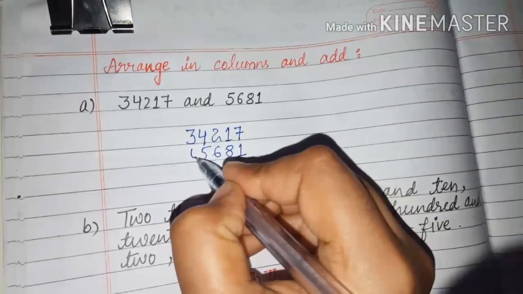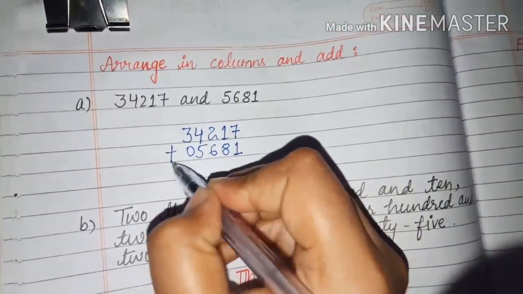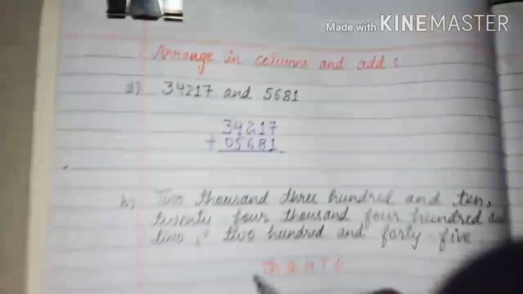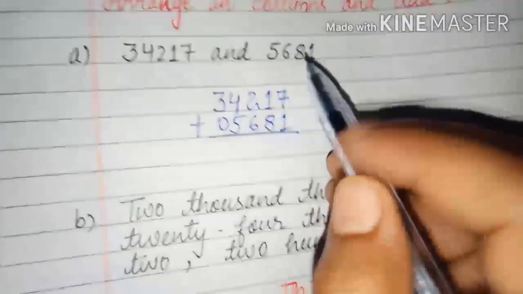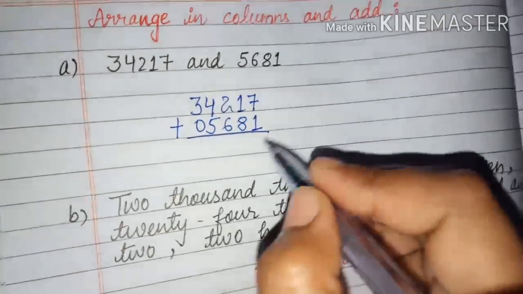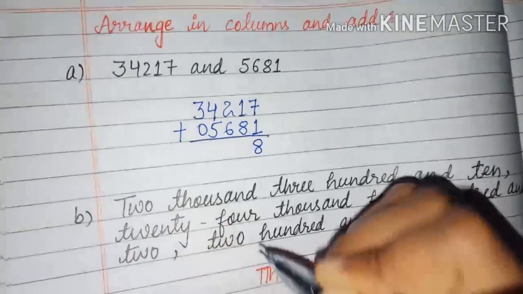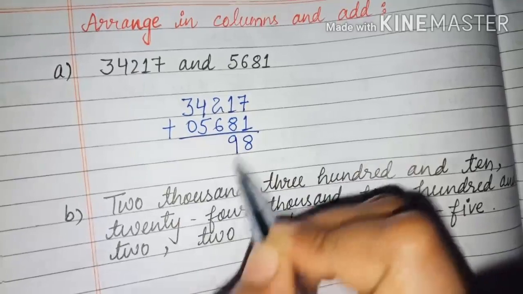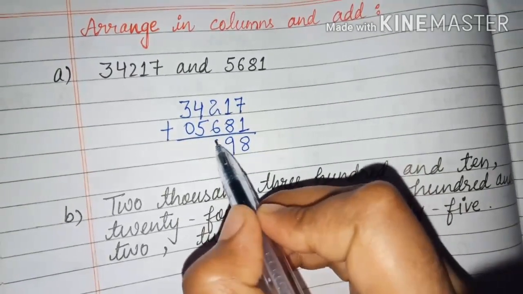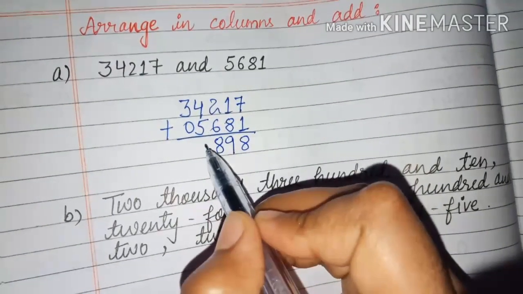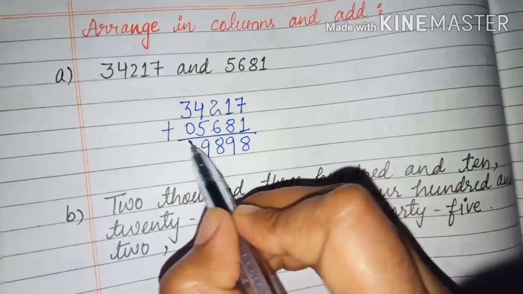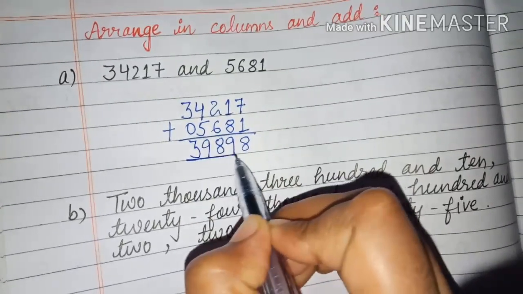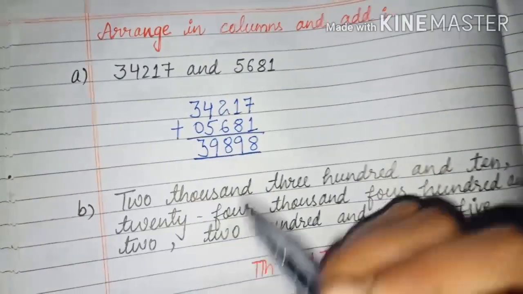Just write 0. Okay, and add them. Now what will be the answer? 7 plus 1 is 8, 1 plus 8 is 9, 2 plus 6 8, 4 plus 5 9, and then 3 plus 0 is 3, and you will get your answer.